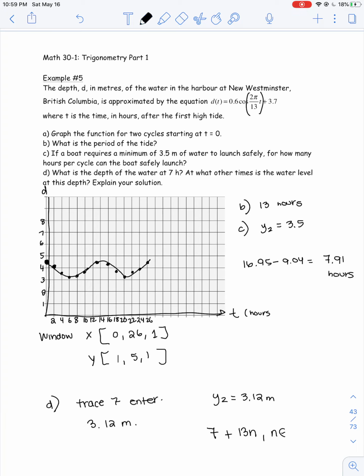So I'm going to change that slightly to be n can be whole numbers, like 0, 1, 2, 3, because I do want to include 0. And if I keep adding 13, I'm always going to get to the next value. So that would be a quick way of doing it instead of finding every intersection.